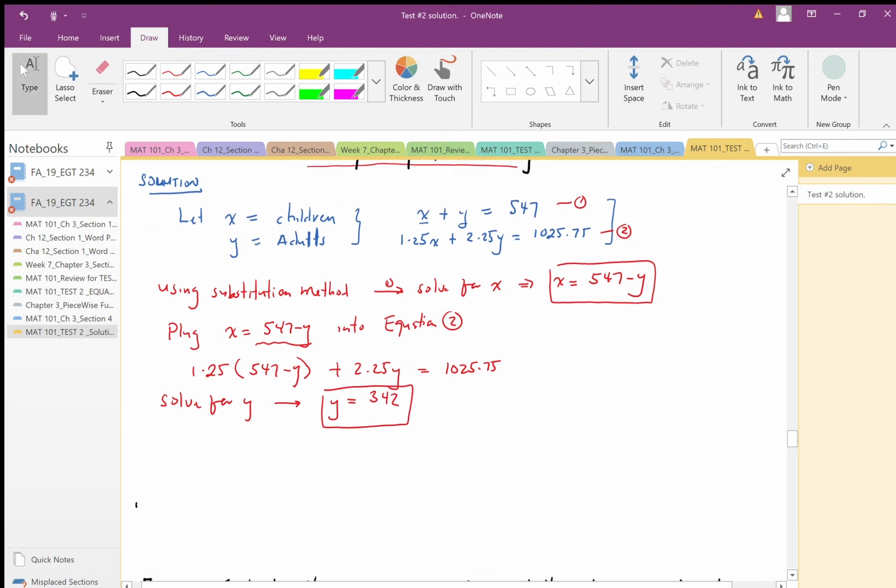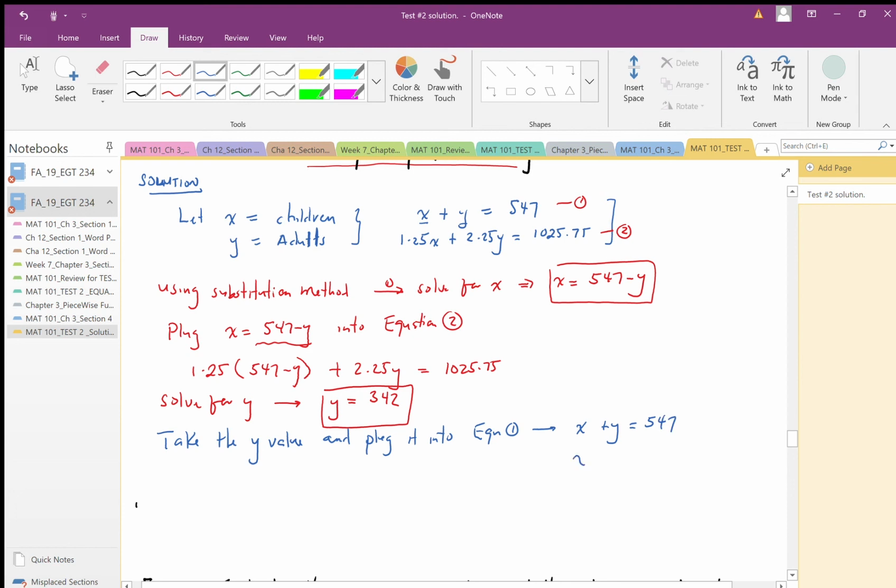Then, with that y value, you can plug it into equation 1. It's going to be x plus y equals 547.